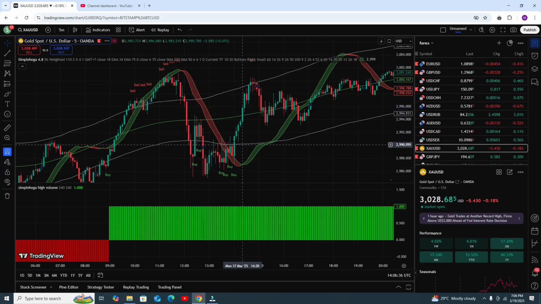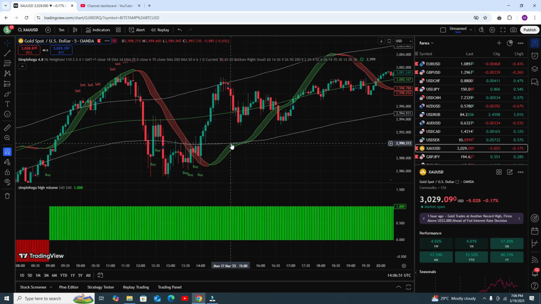But at this point the candle is upside from the RSI, so you can go for the buy position. This is your entry point, because when the candles were inside the RSI, they were below, but this candle comes upside from the RSI, so this is your entry point.